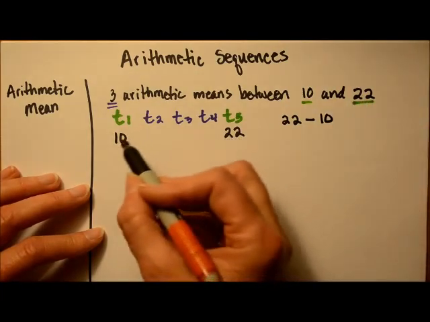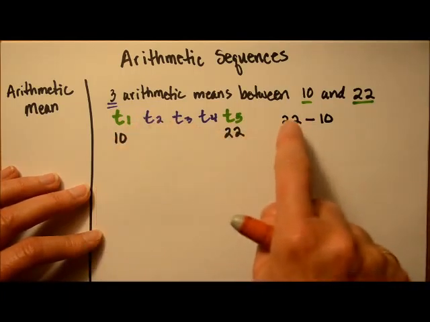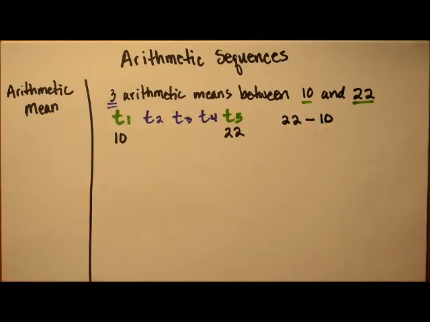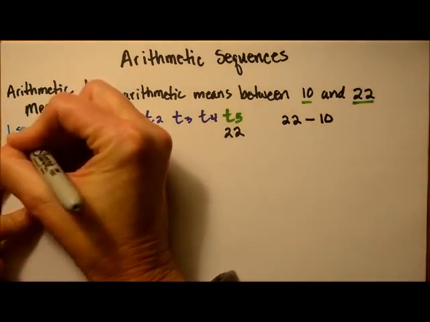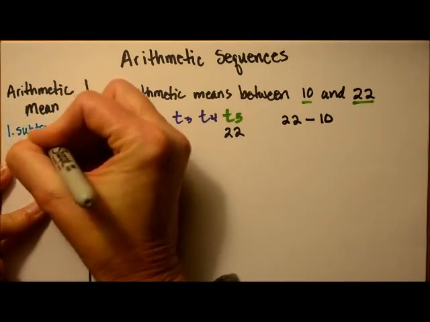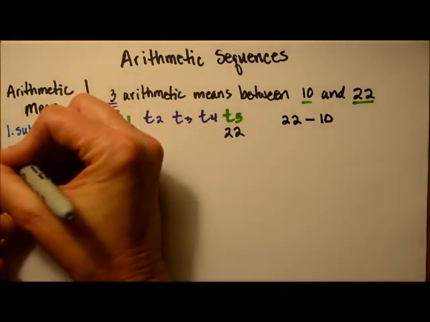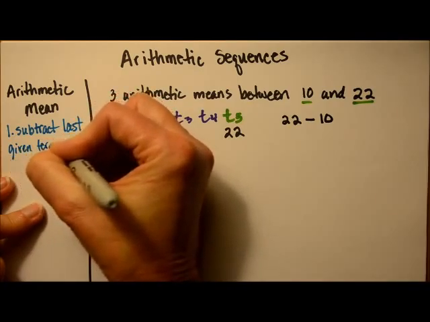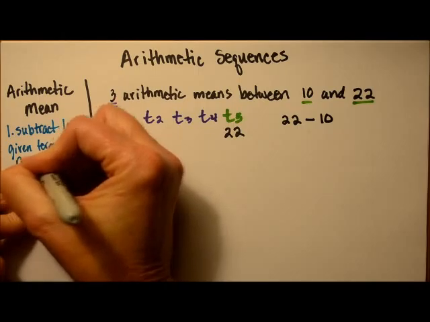So I'm taking 22 and subtracting 10. That's my last term minus my first term. So there's a rule: subtract the last term, the given term, from the first term.